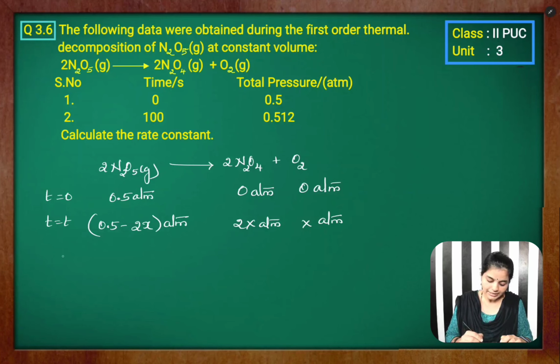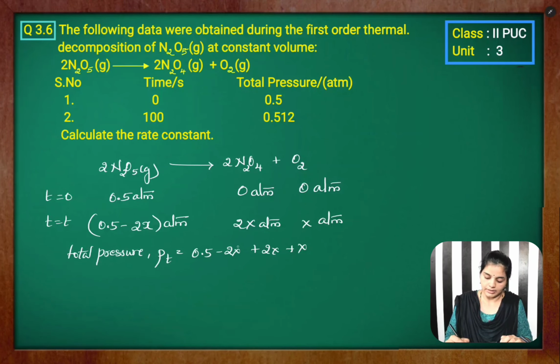So at a time t, I can write total pressure PT is equal to 0.5 minus 2X plus 2X plus X. Minus 2X plus 2X gets cancelled with one another. So total pressure is 0.5 plus X, and from this X is equal to total pressure minus 0.5.